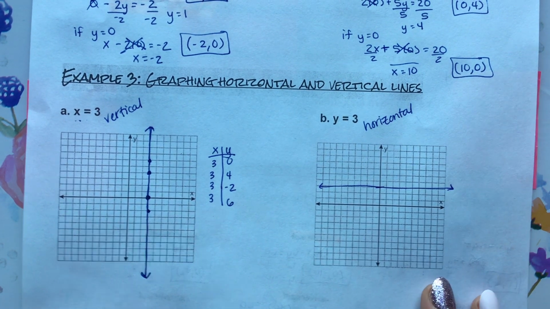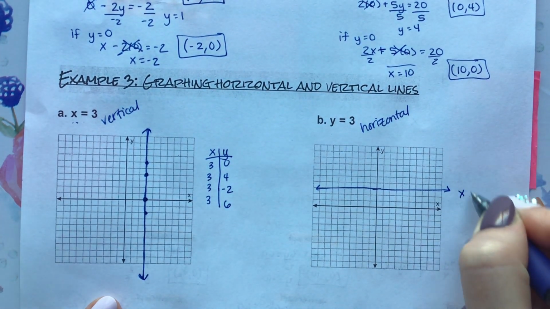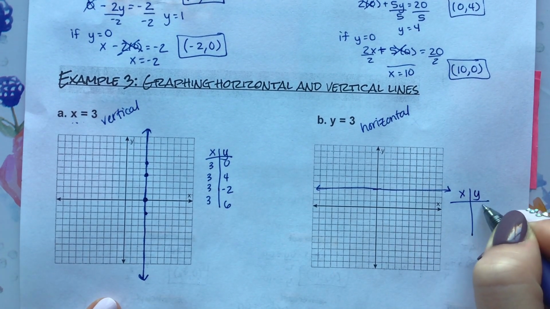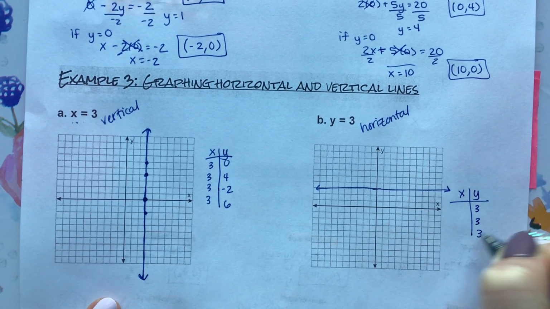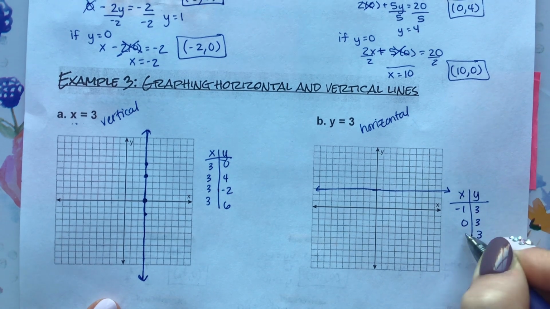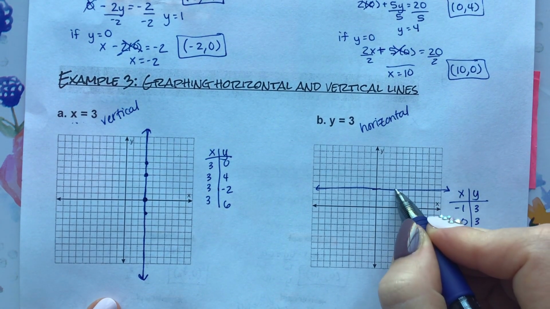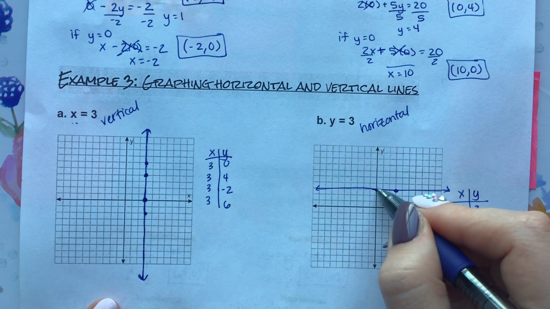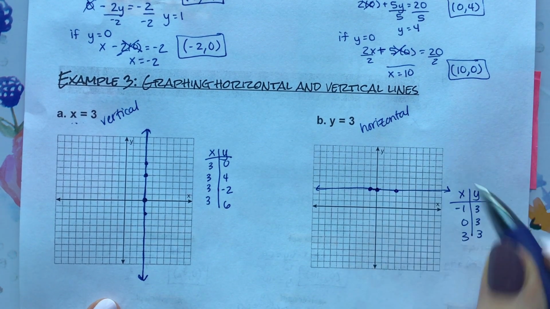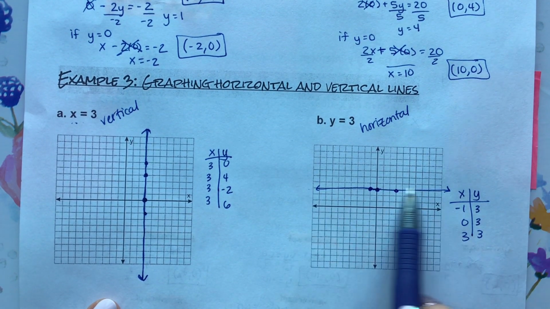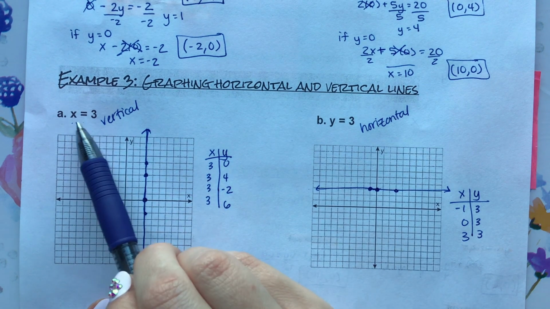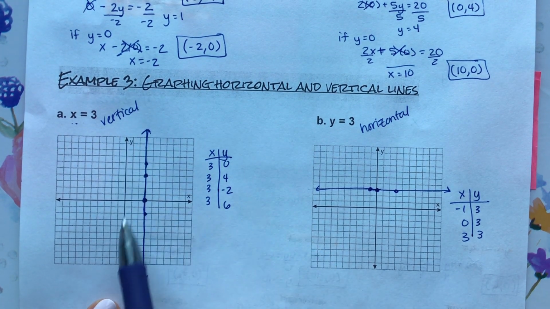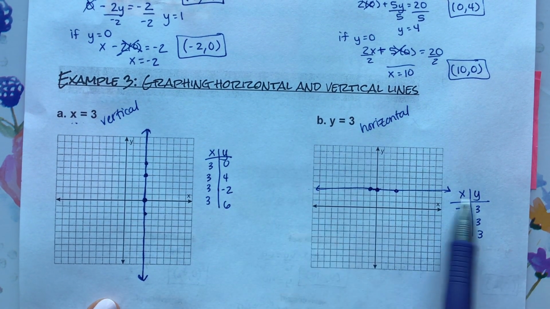If you need to make a table of values, then that's okay too. So y just has to be 3, but what if x were negative 1, 0, or 3? So that would be like 3, 3, like this. And notice how they're all still falling on that horizontal line. So x equals a number is always vertical, y equals a number is always horizontal.